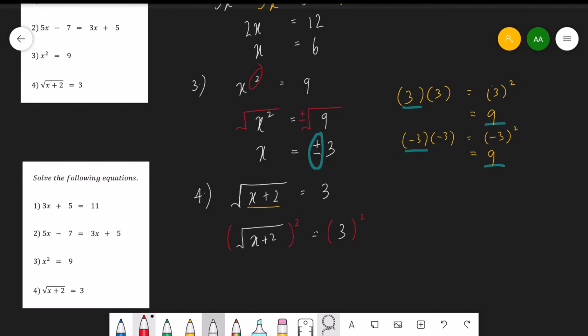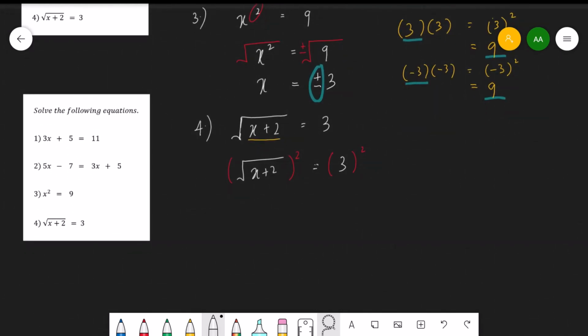So what happens when you have this? It becomes x plus 2 equals 3 squared, equals 9. Now, as we have learned in example 1 and 2, we bring over the plus 2, so x equals 9 minus 2. So x equals 7.